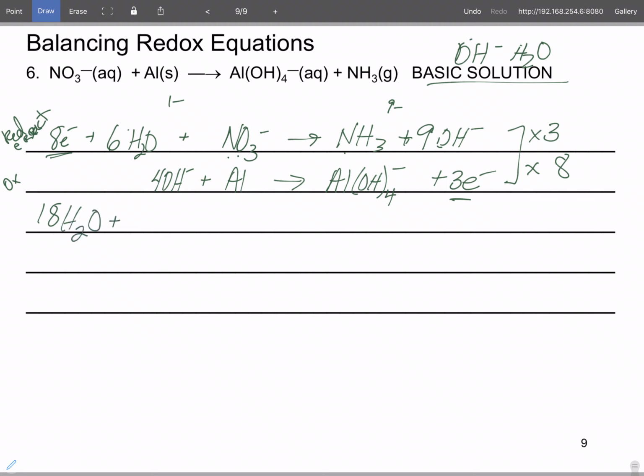Waters plus 3 NO3 minuses plus 8 times 4 is 32 OHs plus 8 aluminums yields 3 ammonias plus 27 OH minuses plus 8 aluminum tetrahydroxides.